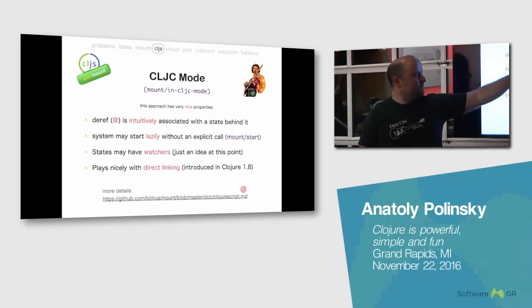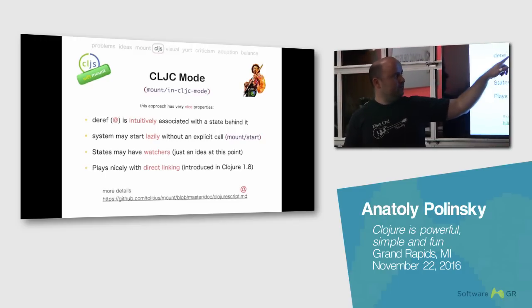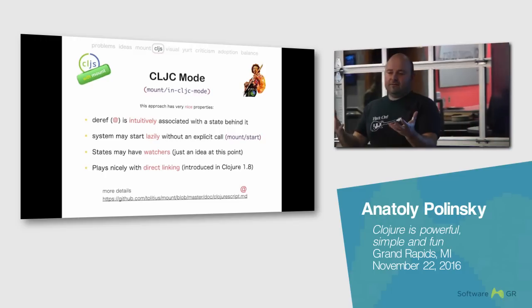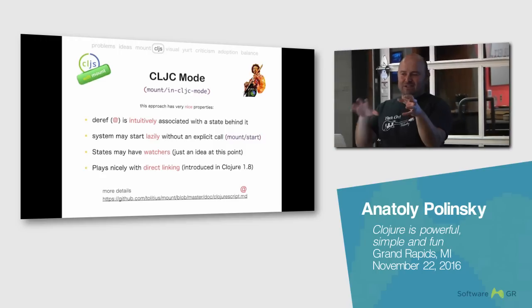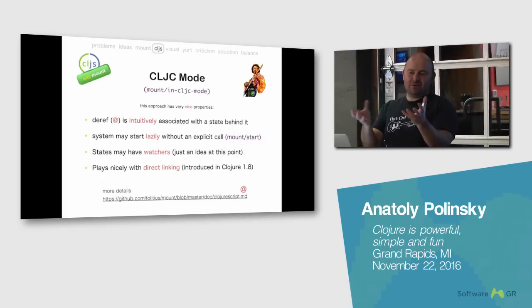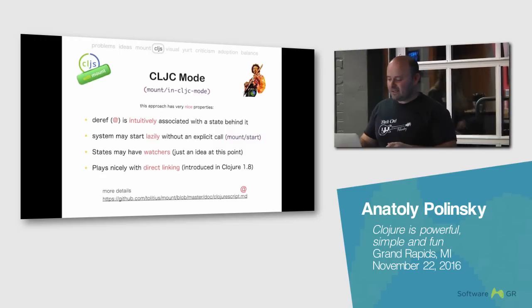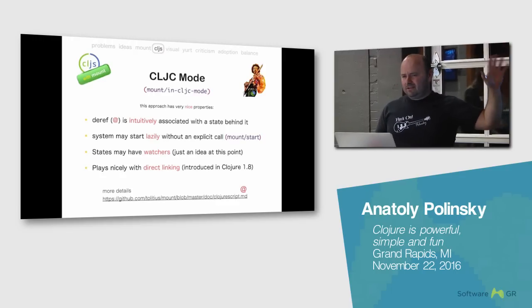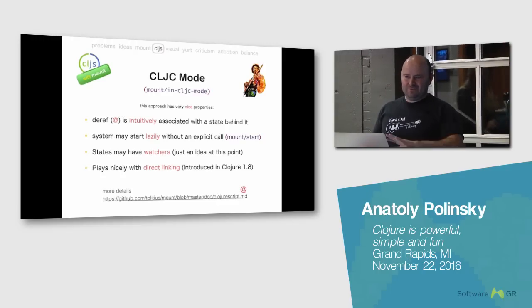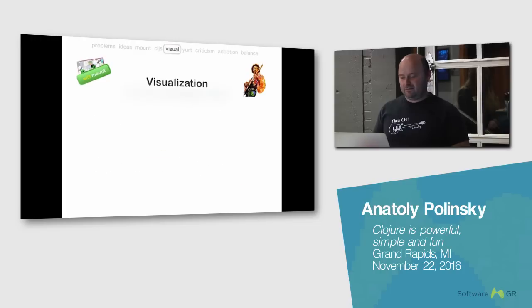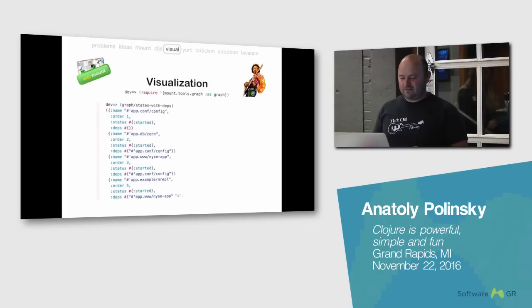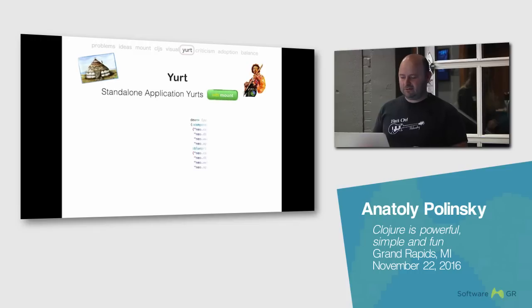And direct linking works very well with dereffable state because in dereffable state I don't need to do that. I just keep the enclosure. I just care about the enclosure. I don't care about the reference to the inside. This is more of an internal kind of thing. So if it doesn't make sense right now, that's fine, and you can always bother me later. So this is, it's too fast.